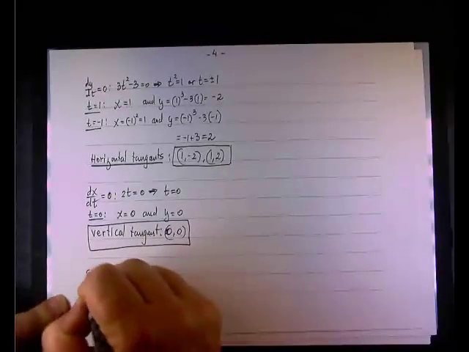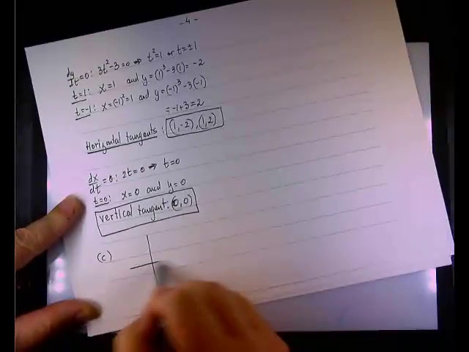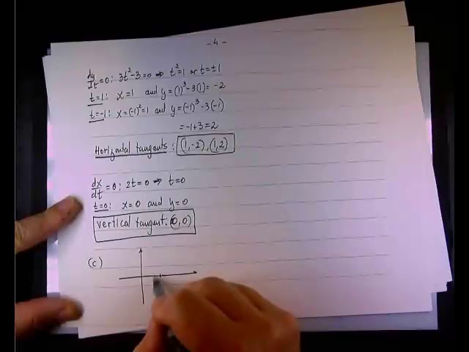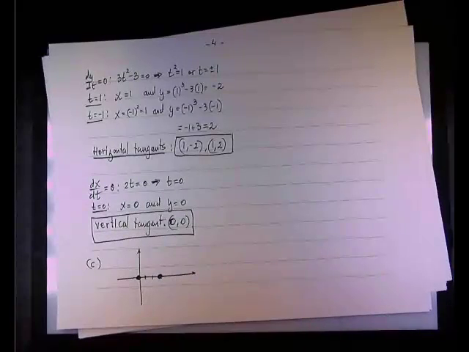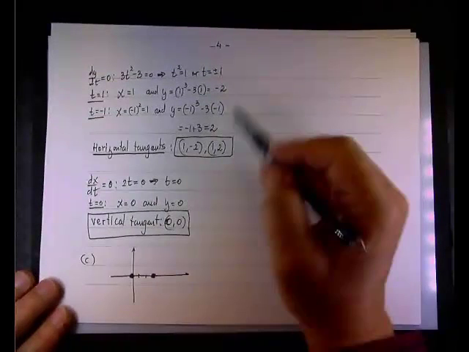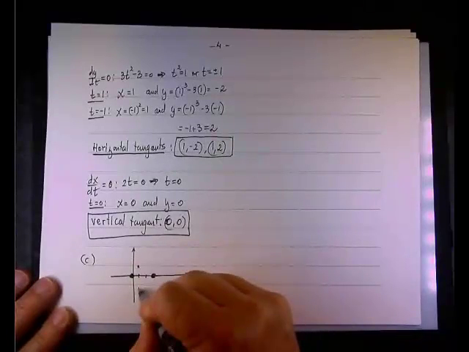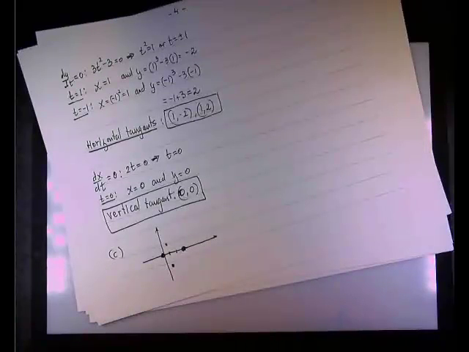Okay? And now if we sketch this graph or graph it, you can see that this result really holds. If you sketch it, you'll see something like this. We know that we go through (0, 0) and (3, 0).